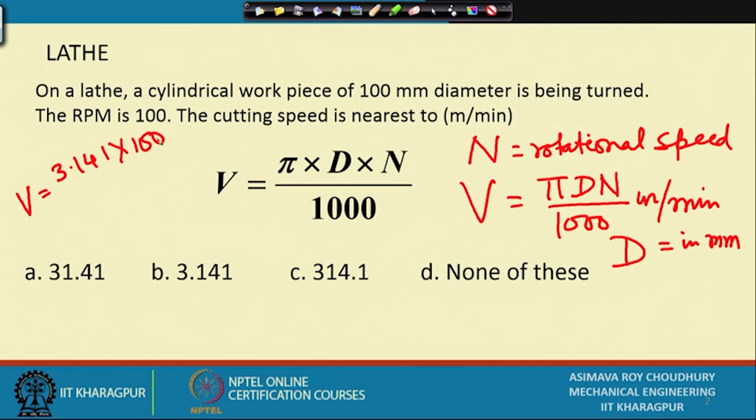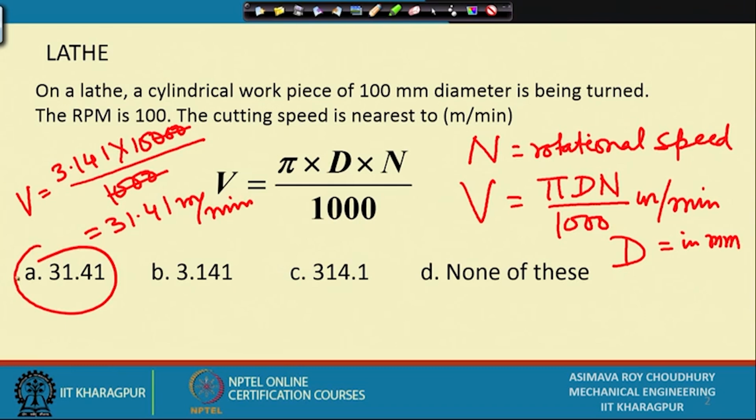What is the RPM? 100. So, another 2 zeros, pi d n by 1000. So, this goes out with this and we have 31.41 meters per minute. Okay. So, this is the correct answer. Next.